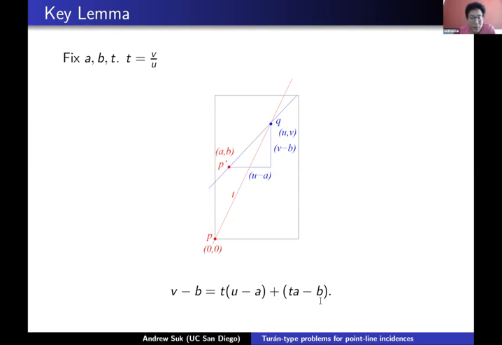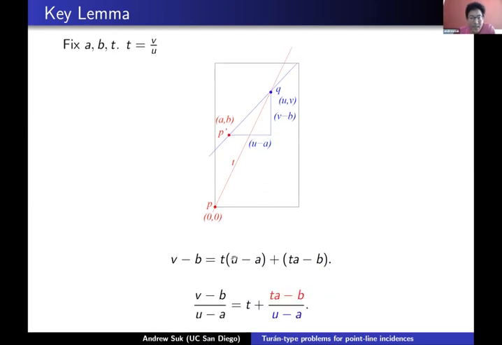But now if I divide both sides by u minus a, this left-hand side is the slope of this blue line here, which I know is an integer. t is the slope of this line here, which I know is an integer, which means that this last thing over here must be an integer. And so remember, t, a, and b are fixed numbers, and we're counting the number of choices for u minus a.